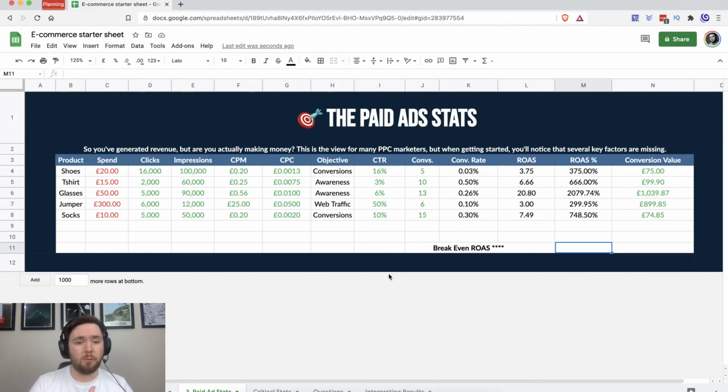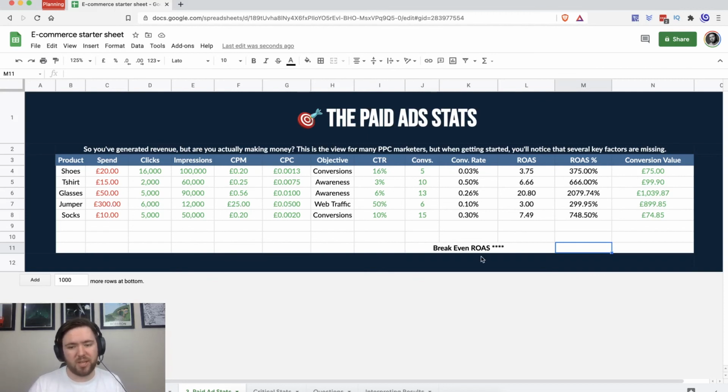We can go through that in the next video, but for this I want it to be very, very simple. I want to bring your attention mainly to the 3 avenues that you need to know about, how they interlink with each other, and then finally how you can extrapolate from that whether you're being profitable.